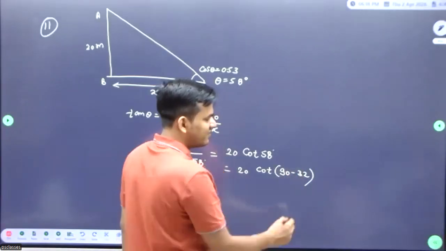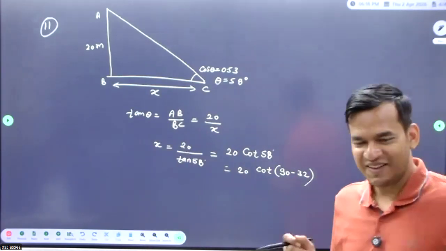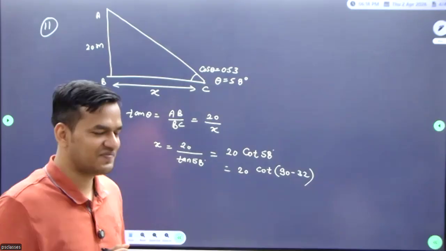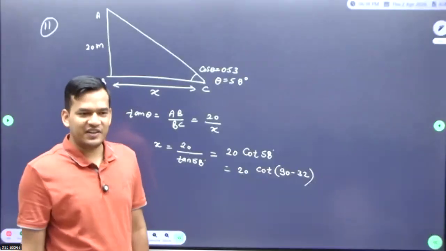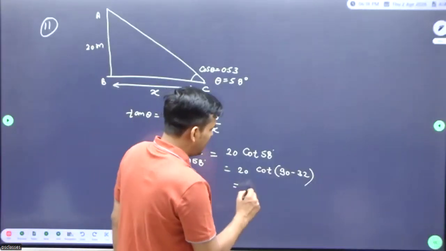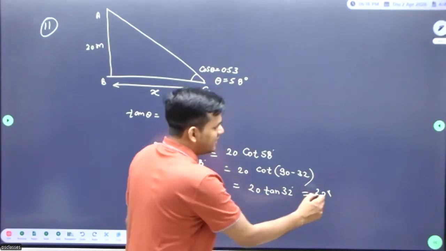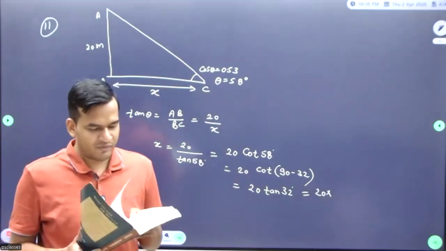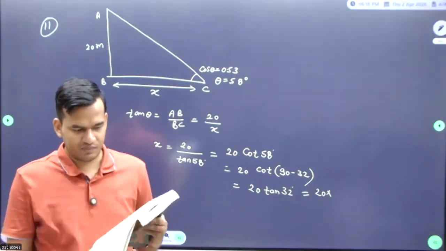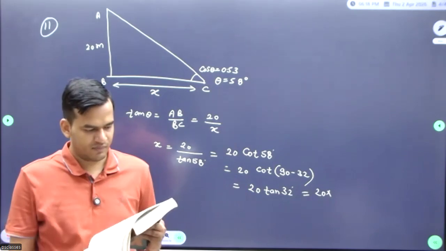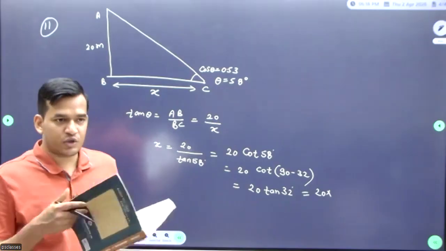So I can write it as cot of 90 minus 32. Okay, I'm sorry. Fine. 20 cot 90 minus 32. So this will be 20 tan 32 degree. Then the value of tan 32 you can look from the table. Tan 32 degree in the first column, 0.6249.